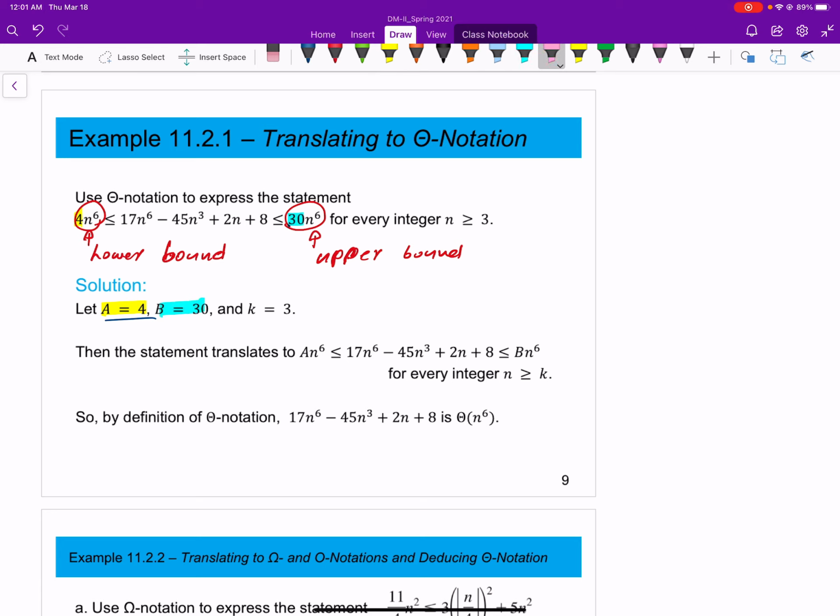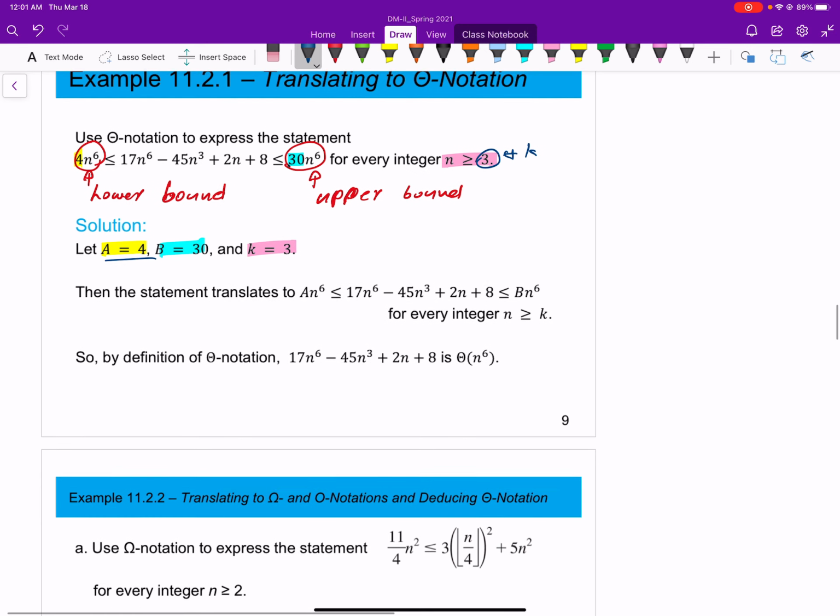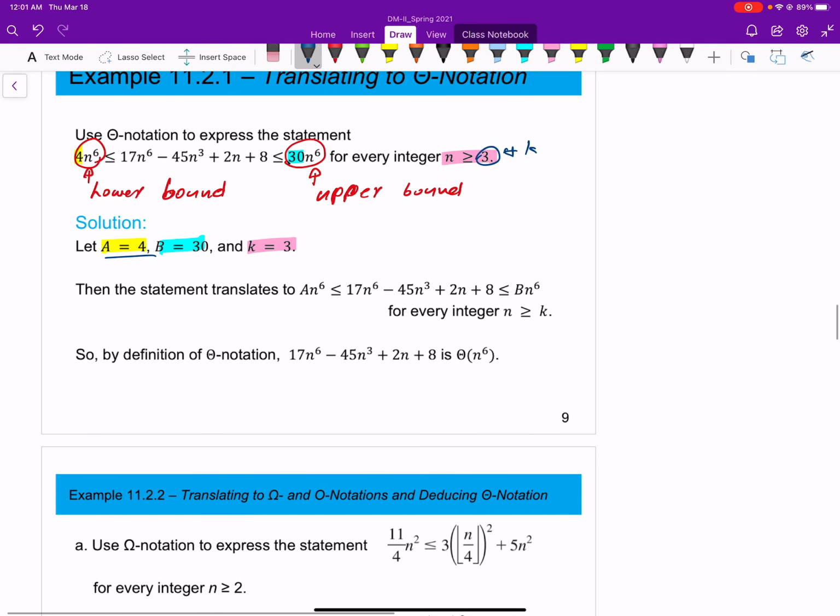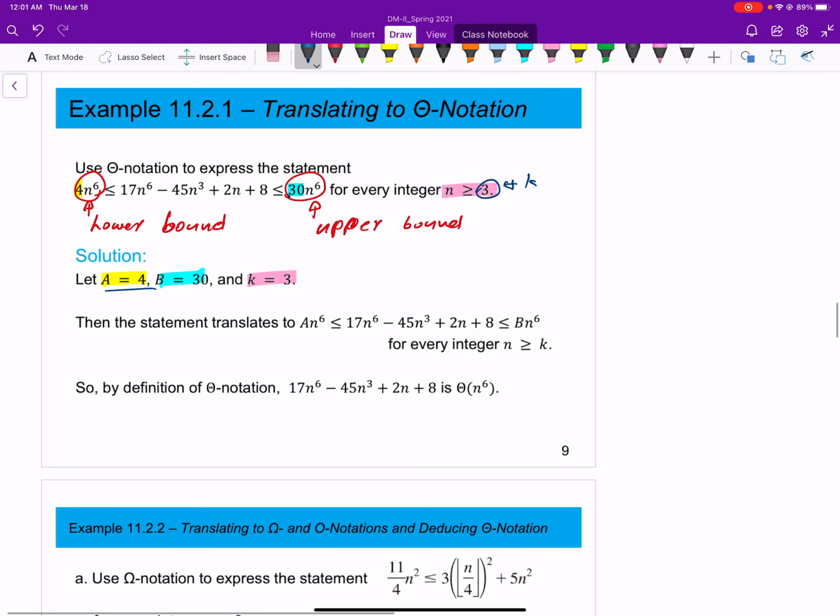And I initialize k as 3 because n is greater than or equal to 3, so this is k in that case. Then I rewrite the given statement like this, and this is valid when n is greater than or equal to k, because our k is 3.